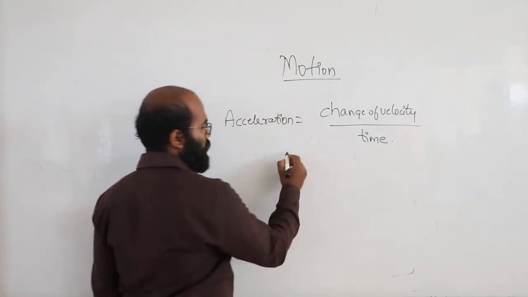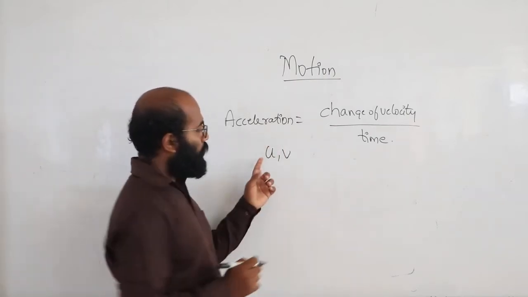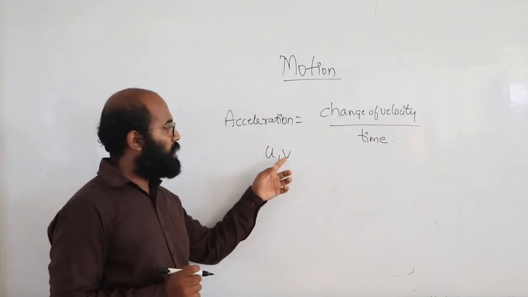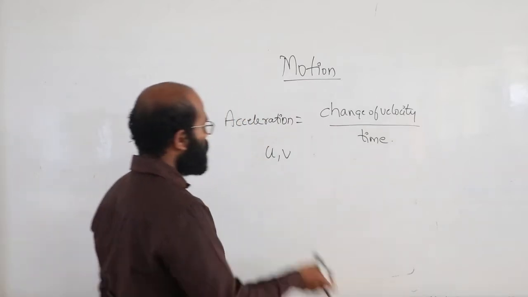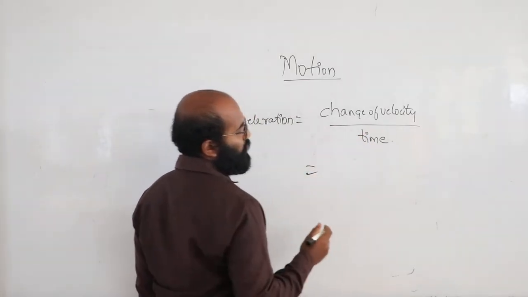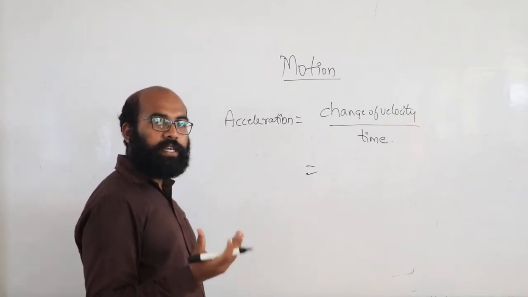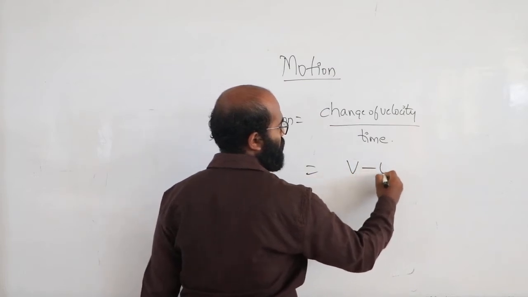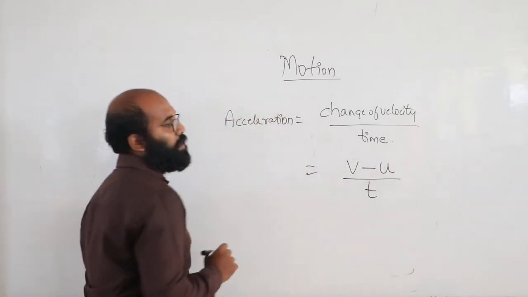In the last class you have seen u and v. u is the initial velocity, whereas v is the final velocity. With this you can write change of velocity as final velocity minus initial velocity, that is v minus u, divided by time t.